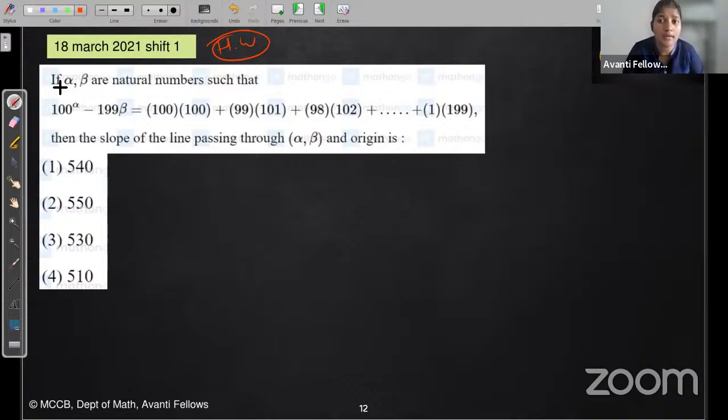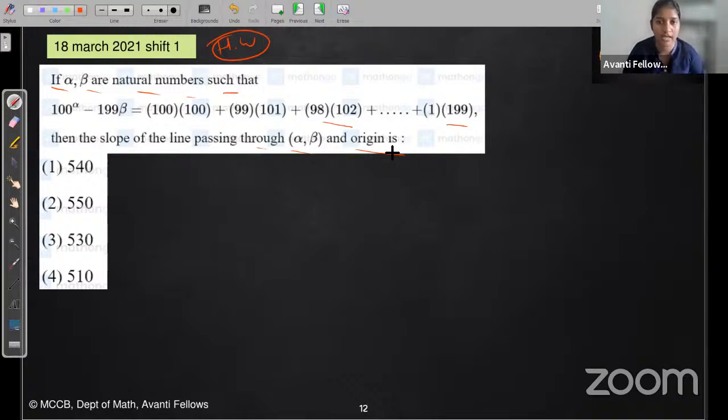So let's see the question. The question says that if alpha, beta are natural numbers such that 100 raised to alpha minus 199 into beta is equal to 100 into 100 plus 99 into 101 plus 98 into 102 up to 1 into 199, then the slope of the line passing through alpha, beta and origin is given by.